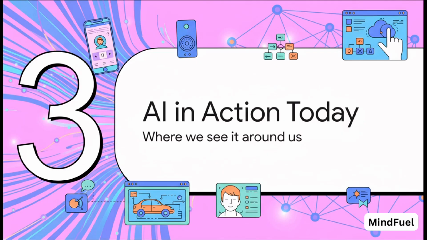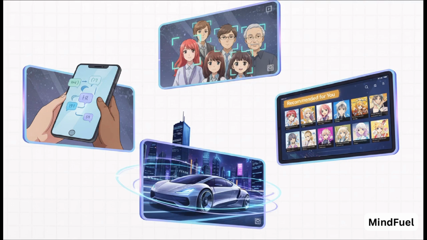I know this all might sound a little bit abstract, kind of like science fiction, but here's the thing. You are using these systems every single day, probably without even thinking twice about it. Let's take a quick look at how this AI learning is already in action all around us. Just think about it for a second. When you use an app to translate a sentence from one language to another, that's AI.